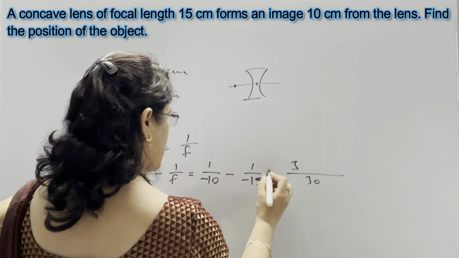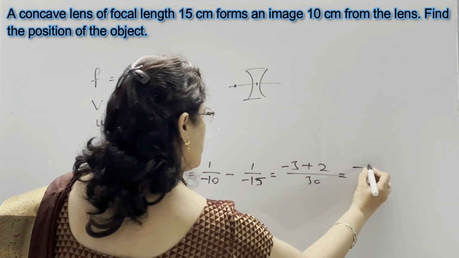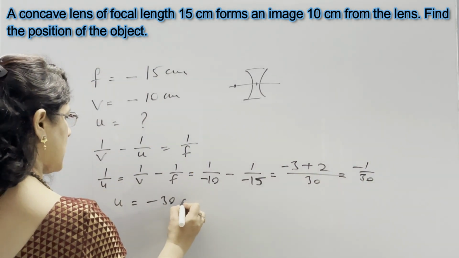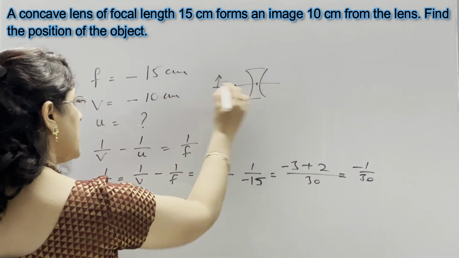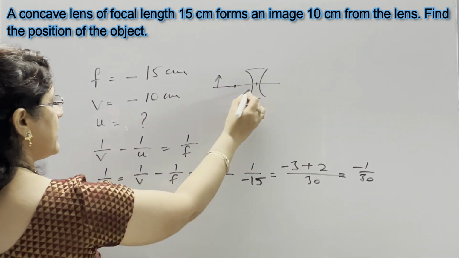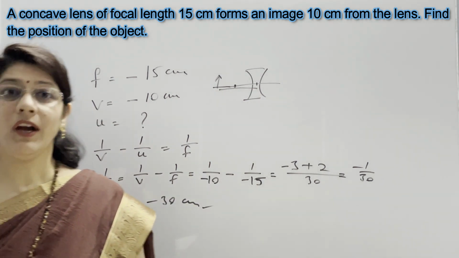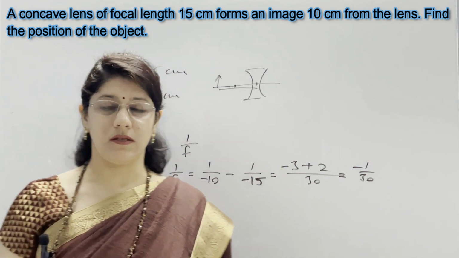So minus 3 plus 2 over 30, it means minus 1 by 30. Value of u is minus 30 centimeter. It means the object is placed on the left hand side of the lens at a distance of 30 centimeter in this case of a concave lens. It means it is in front of the lens.